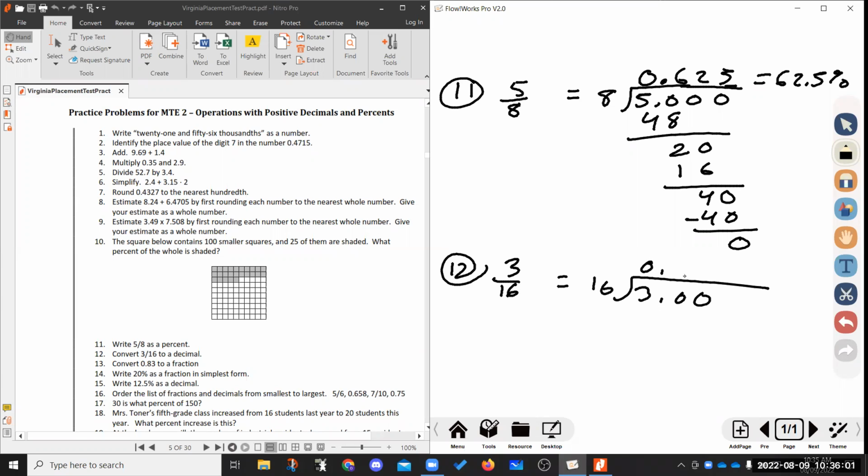So this is going to be 1. This is going to be 6. 7.